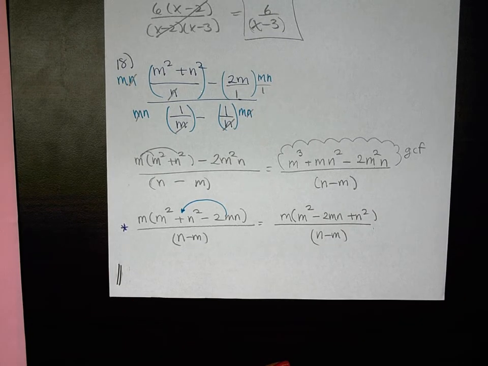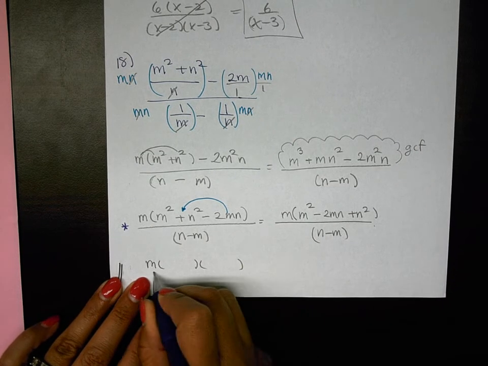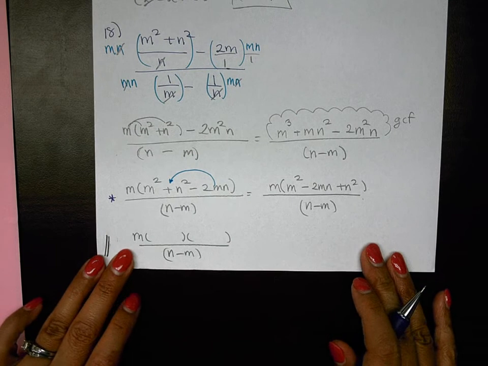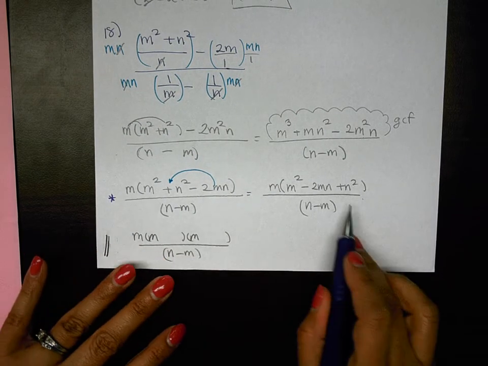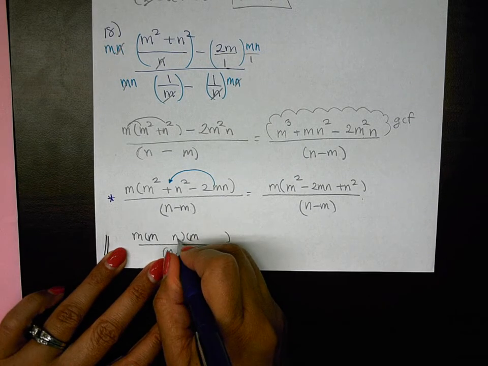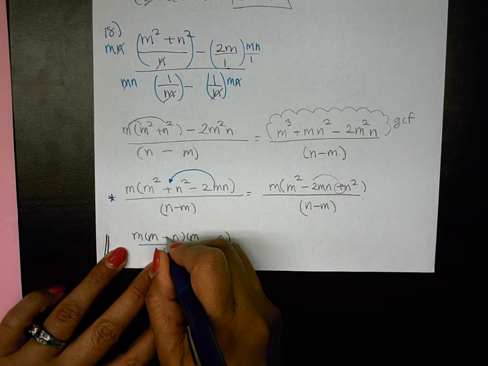All right, m double bubble m, and that's n squared, so it has to be n and n. Same sign, neighbor tells me they're both negative.